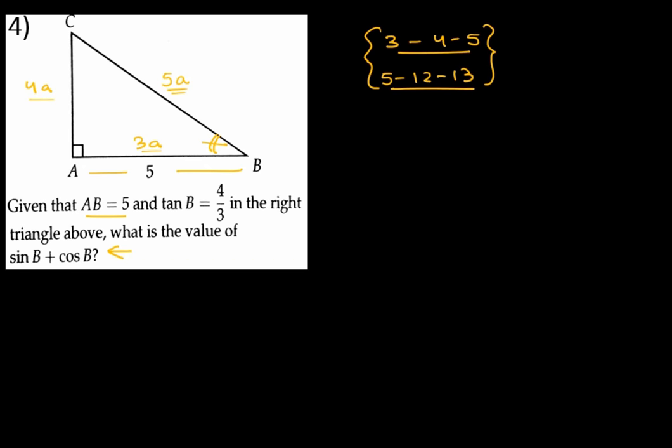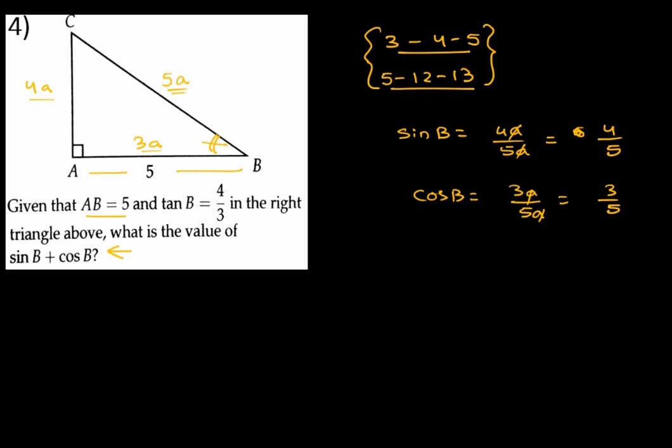Now if we see what is sine of B, sine of B comes out to be 4A over 5A, that is simplified as 4 over 5. And what is cos of B? Cos of B results in 3A over 5A, that gives you 3 over 5.